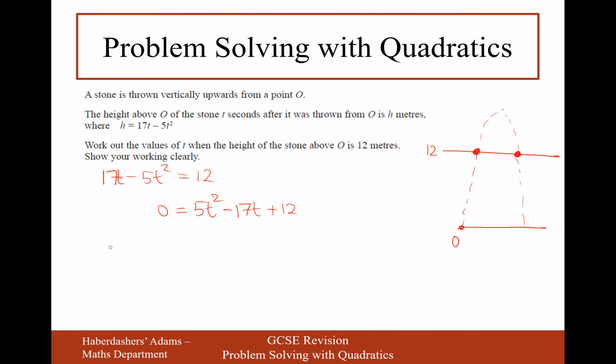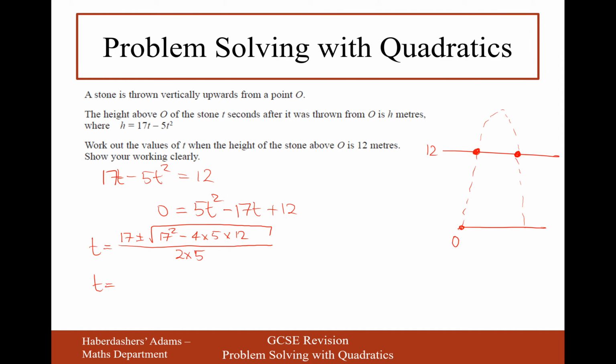So now I'm going to use the quadratic formula. t equals, because that's the letter I'm using, minus b, so that's 17, plus or minus the square root of b squared, that's 17 squared, minus 4 times a times c, over 2 times a.